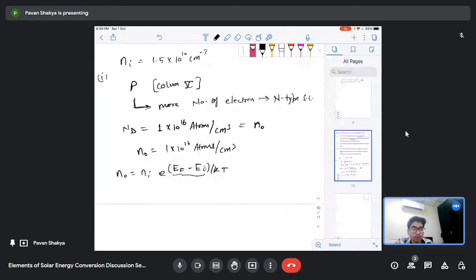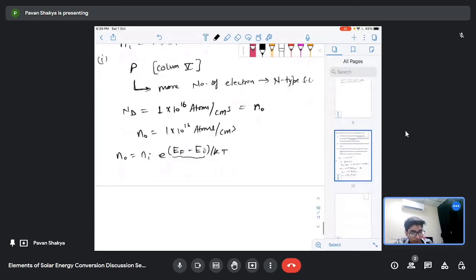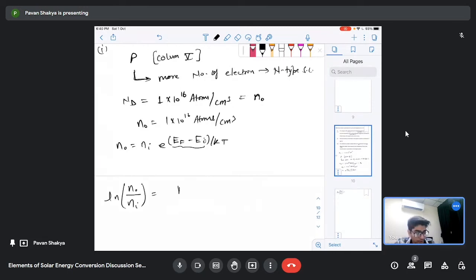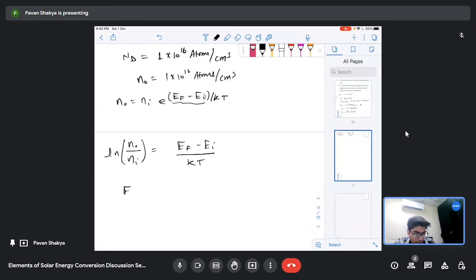So this we have to calculate. If we take the log, ln of n naught divided by Ni is equal to (Ef minus Ei) divided by kT. Then the shift, Ef minus Ei, will be equal to kT ln(n naught divided by Ni).